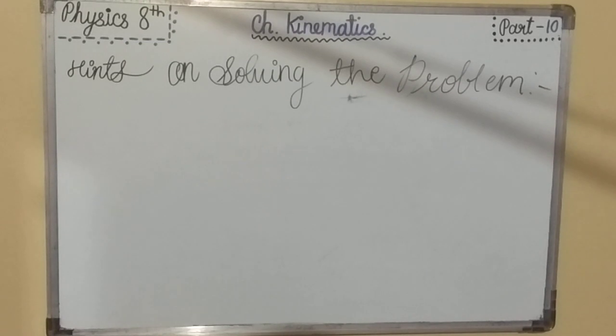Second is if a body is brought to rest, so the final velocity will be equal to 0. Third is if a body moves with uniform velocity, so its acceleration will be 0.